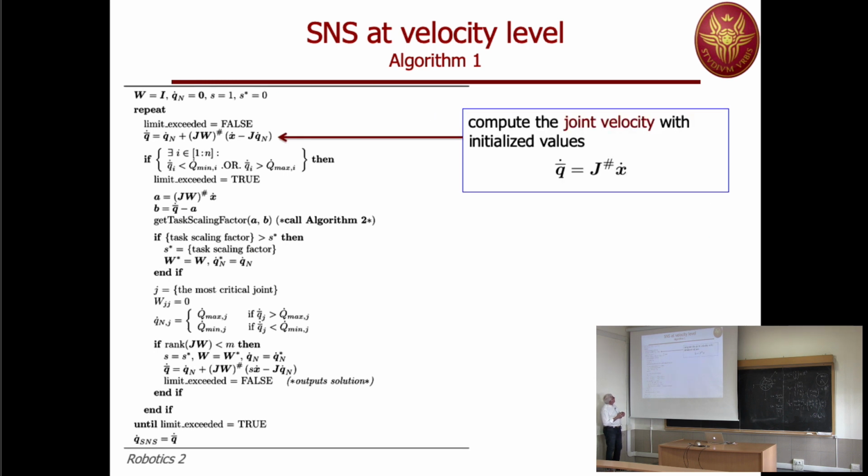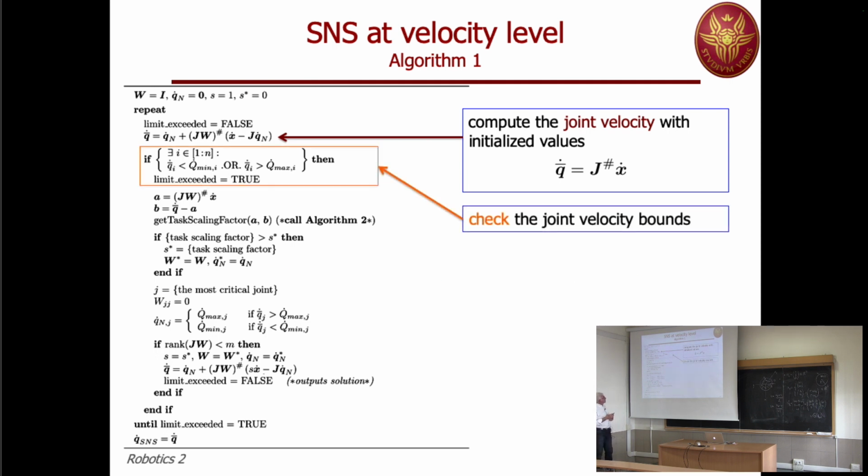The second step is you compute the joint velocity. The first time you enter this loop, of course, Qn dot is equal to 0, W is the identity, so you're computing J pseudo inverse X dot, and this is your candidate. If this satisfies, you exit, because the exceeding limit flag is false, so you're not violating any hard bounds, and you can go out.